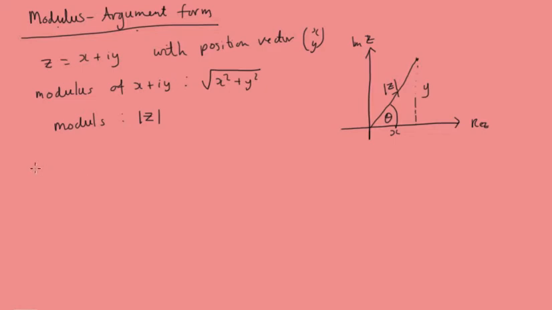So the argument of a complex number is the direction of the position vector.